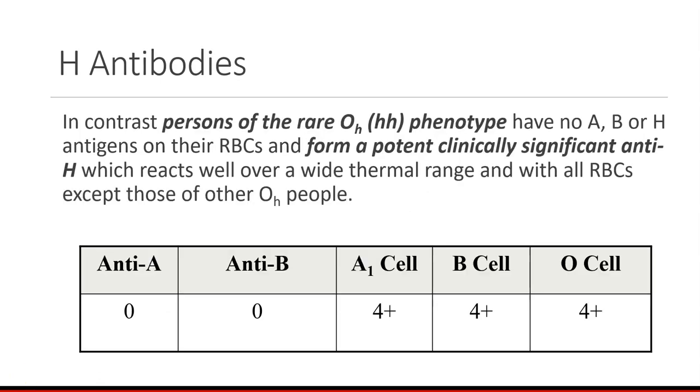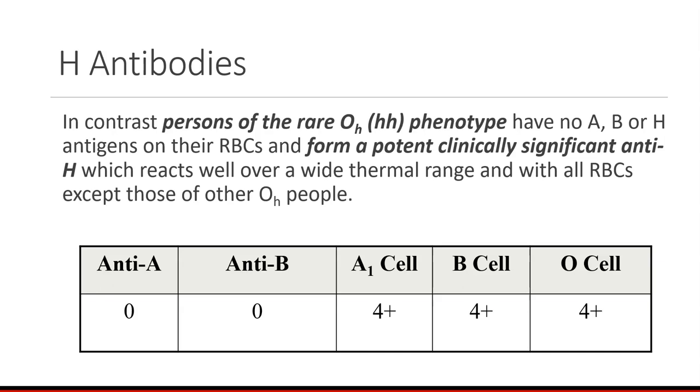So we've talked about anti-big H antibodies. In contrast, persons of the rare O little h phenotype have a double dose of the little h antigen. That's their phenotype; they have no A, B, or H antigens on their red cells.